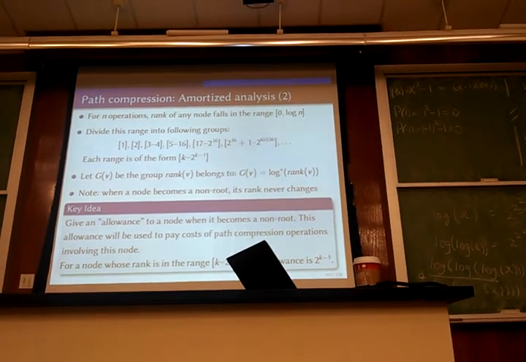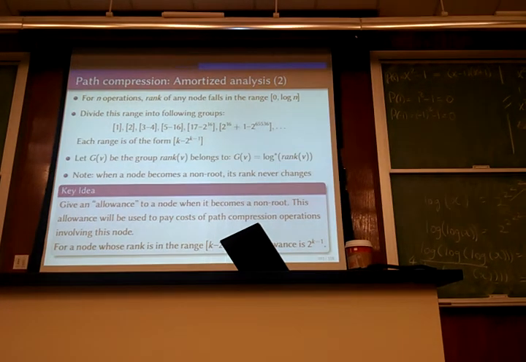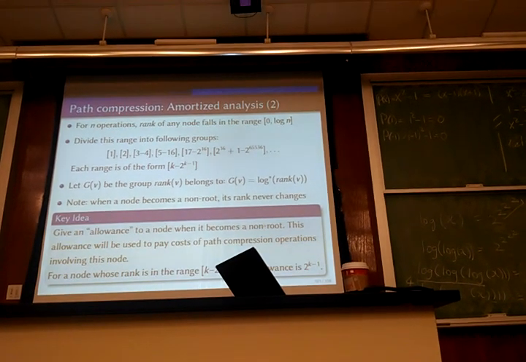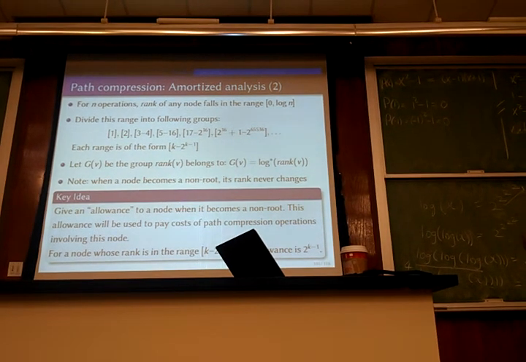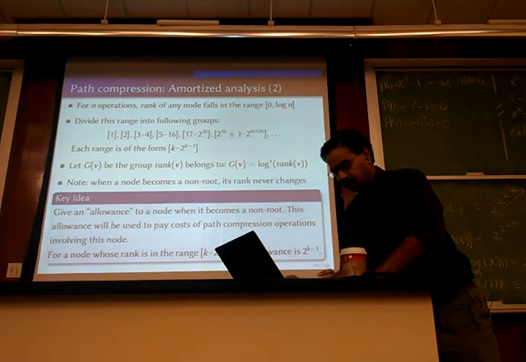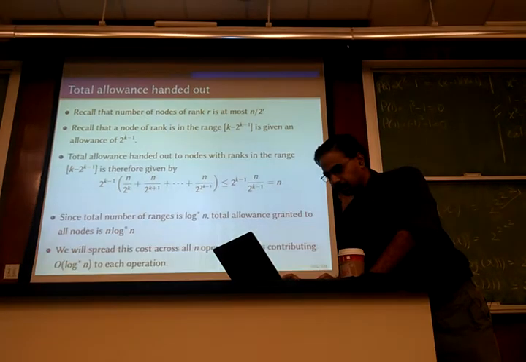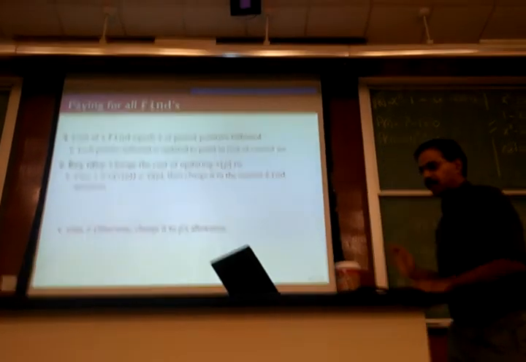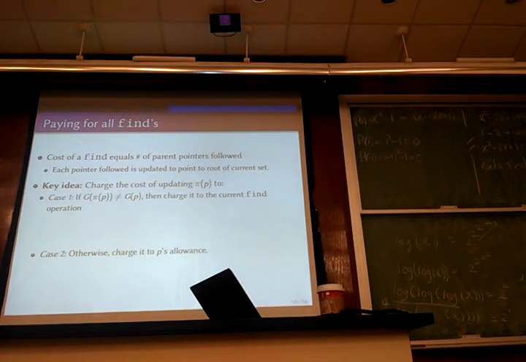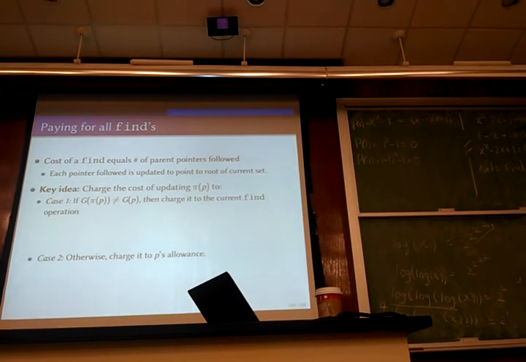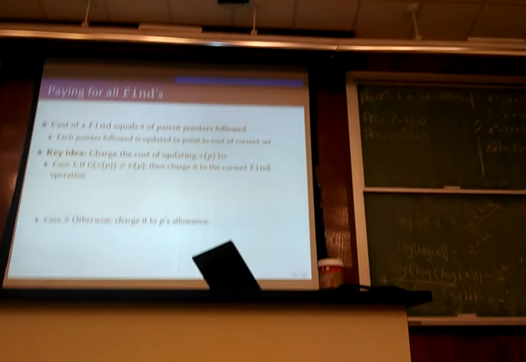So now your G value is 4, your parent's G value is 5, because G tells you which group you belong to based on your rank. So if the parent belongs to a different group, then I'm going to charge this to the find itself.